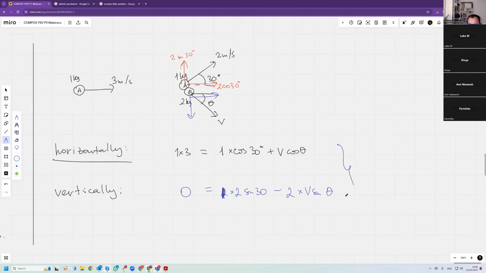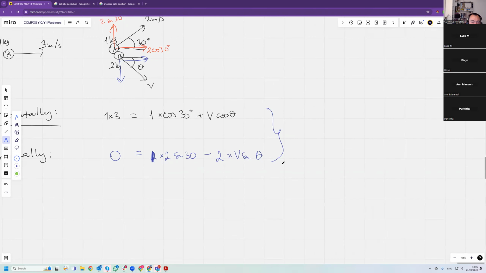And from here, we can work out v and we can work out sine theta. So cos 30, that's square root of 3 over 2.